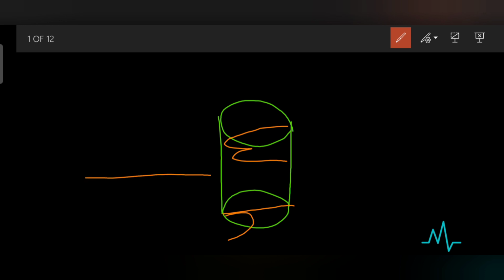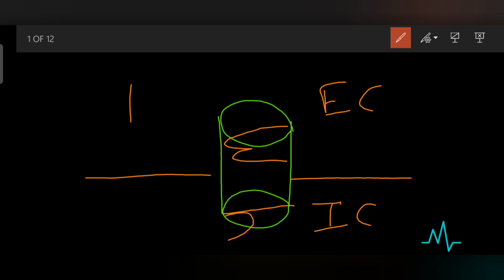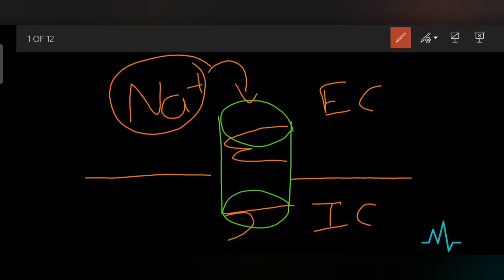On the extracellular side of this channel, the M gate is present, and on the intracellular side of the channel, the H gate is present. Normally in the resting phase, when there is no stimulus, these channels are closed and sodium cannot enter the cell. That is normal, right?